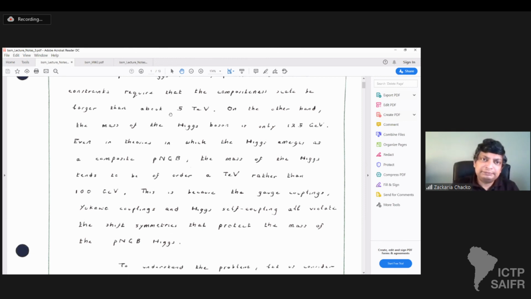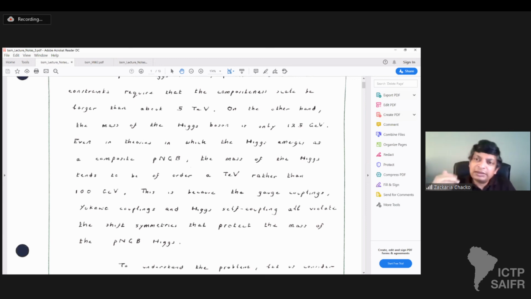And so what I'm going to do in the next class is I'm going to show you some methods that address this problem. I'm going to show you a method of reducing the Higgs mass below a TeV using something called collective symmetry breaking.